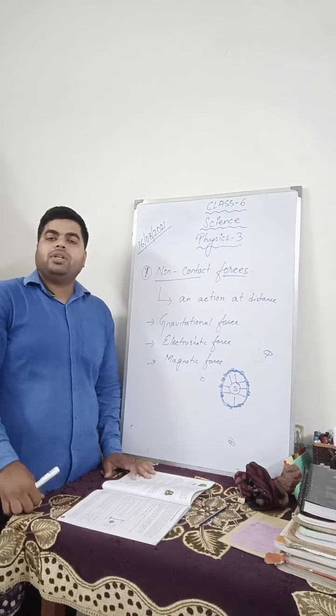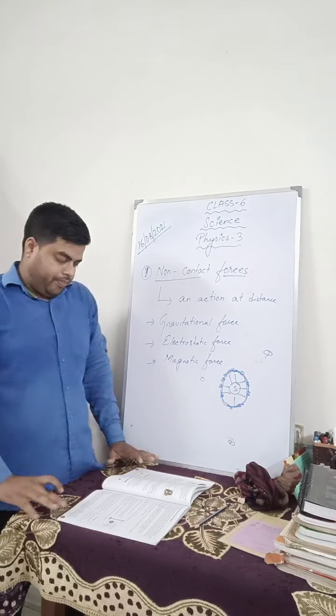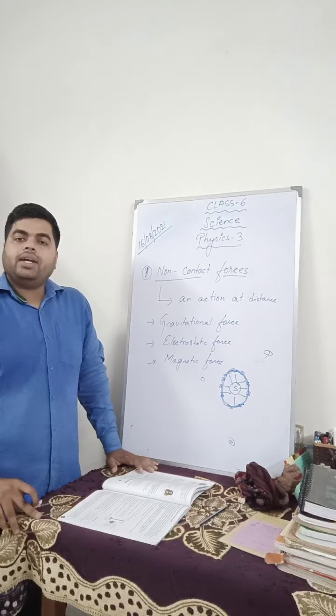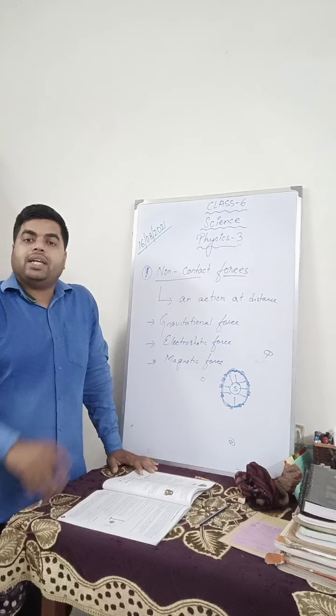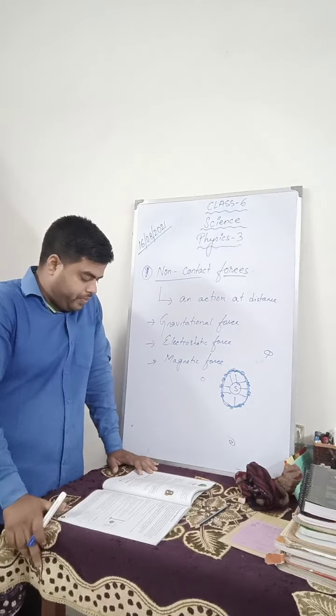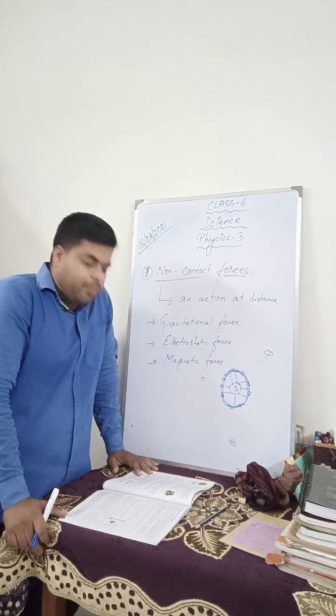So the weight of an object is given by the mass of that object multiplied by g. The value of g on the Earth's surface is 9.8 meters per second squared.